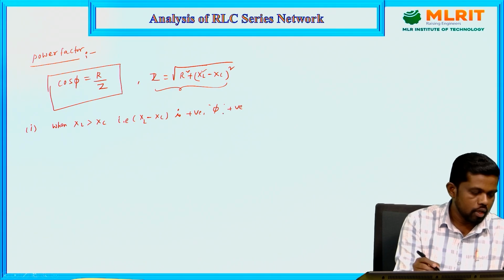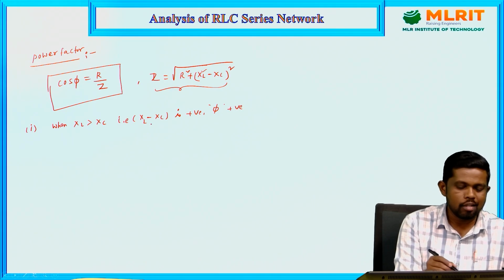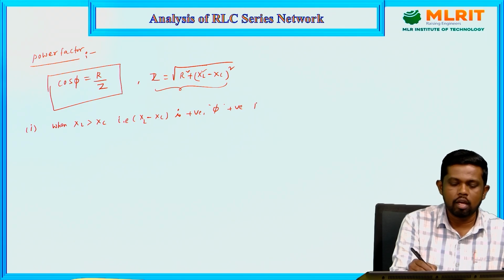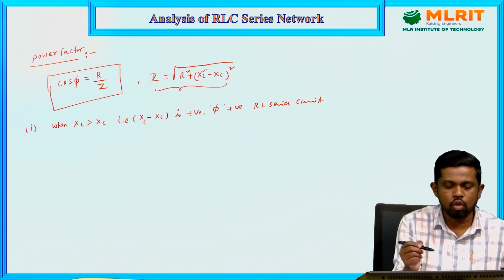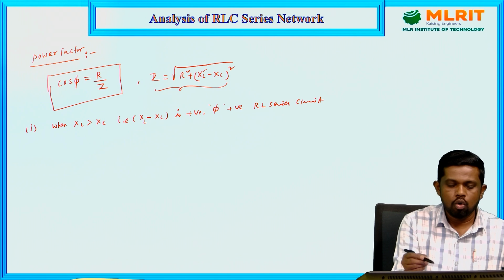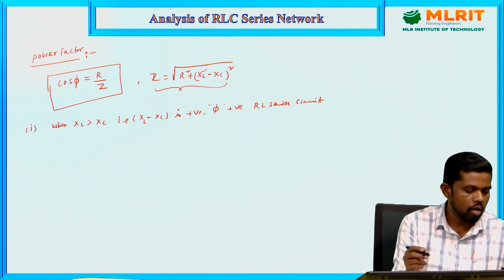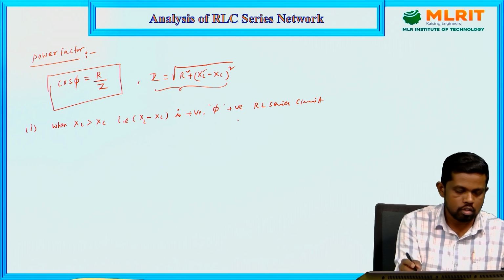At this instant the whole circuit should behave like an RL series circuit. So in the impedance term, XL is greater than XC, the whole term becomes positive, and the phase angle of the network is also positive. Then the whole network behaves like a pure RL series network.